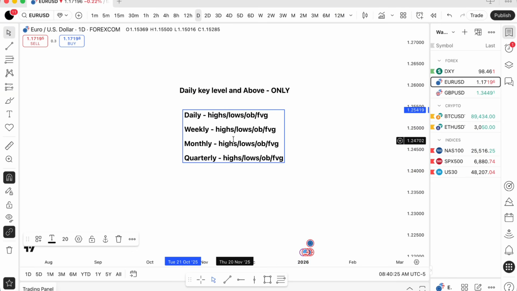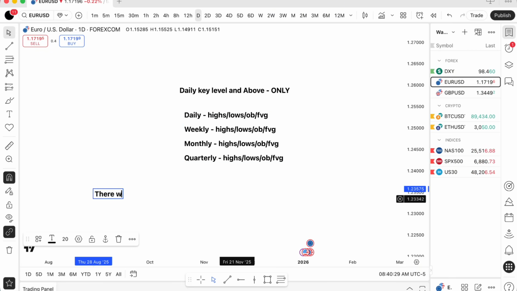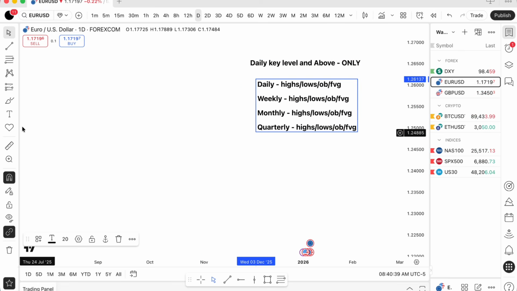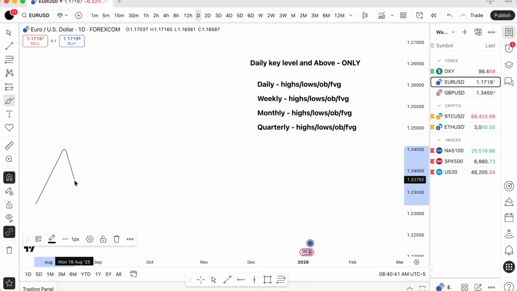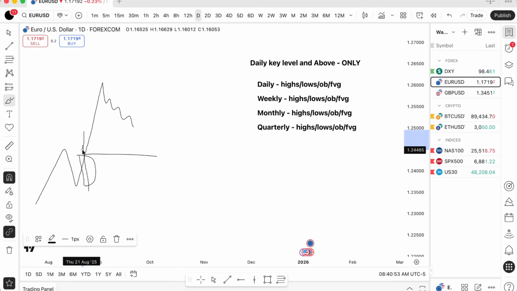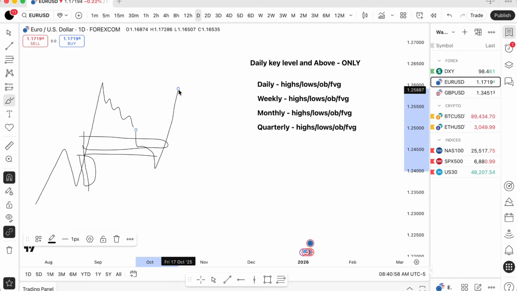And the important thing about using only these key levels is that there will be fewer PD arrays to choose from, which means on the daily time frame, let's say you have this move up and now you're retracing. On the daily time frame, you might have only one thick candle, which will be your order block, and a daily fair value gap aligns with it, which makes the order block higher probability.